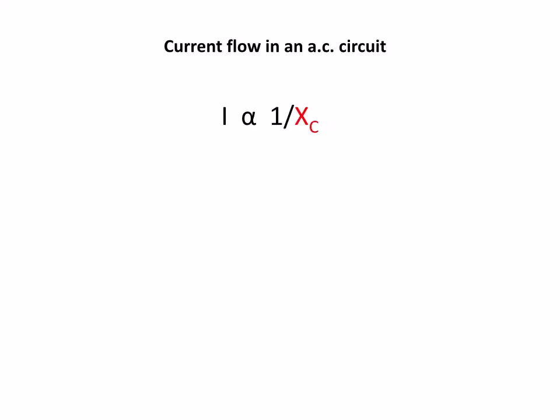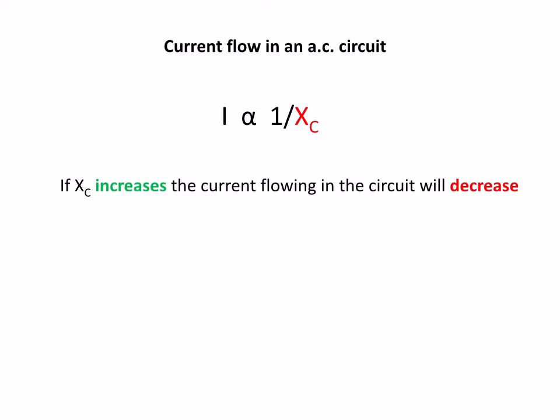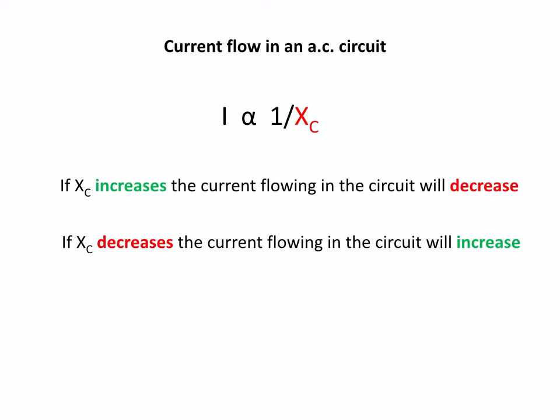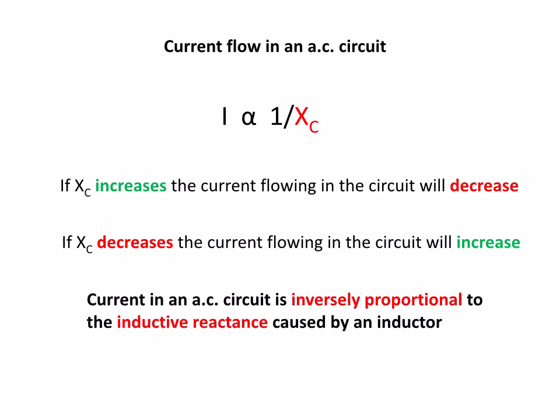Similar to the inductive reactance, the current is going to be proportional to 1 divided by XC. So if we increase XC, we'll decrease the current flowing. If we decrease XC, we'll increase the current flowing. So the current is inversely proportional to the capacitive reactance.